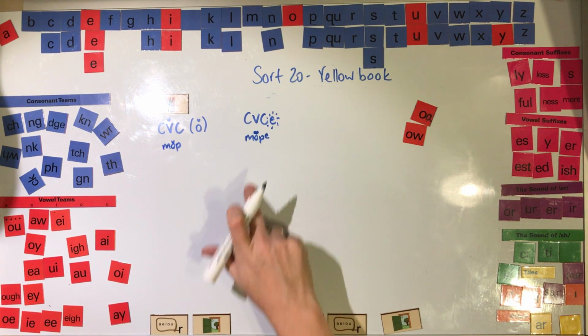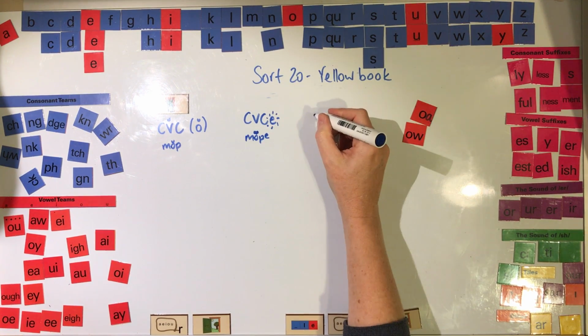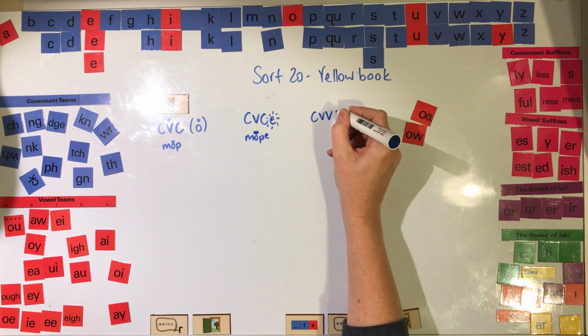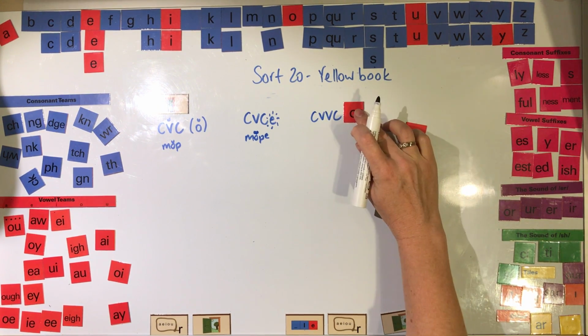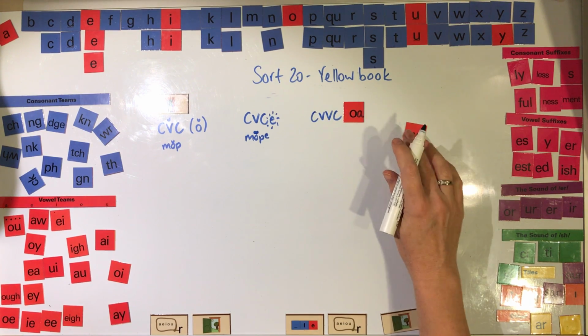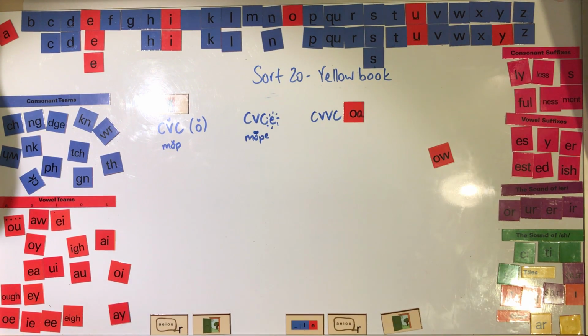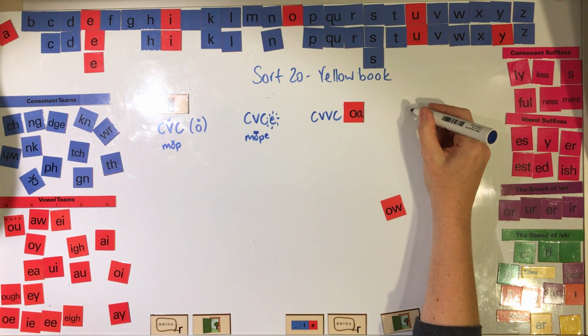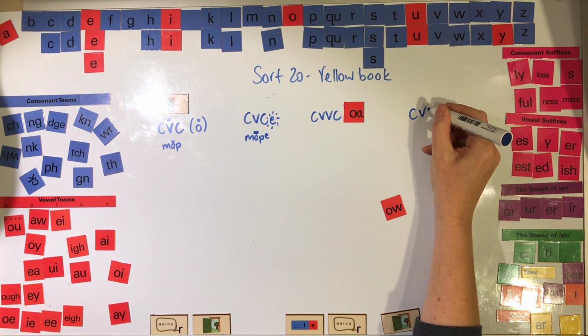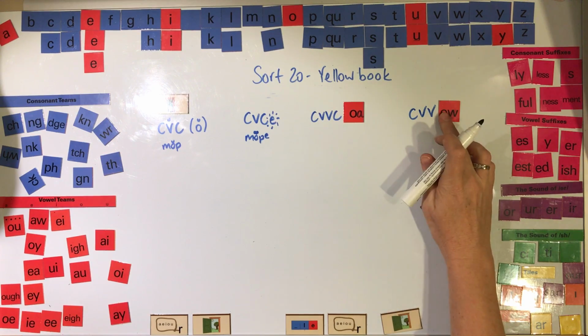Okay, so these are going to be all our magic E words. Then we've got our consonant, vowel, vowel, consonant. That's when we've got our vowel team. So I'm going to put that vowel team card there. And that makes the O sound. And we've got consonant, vowel, vowel. And that's our O team.